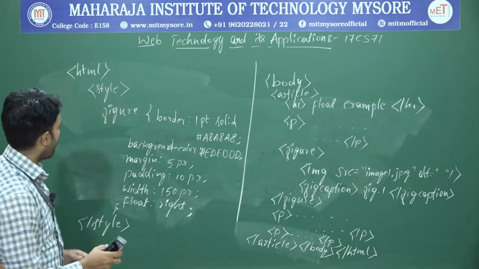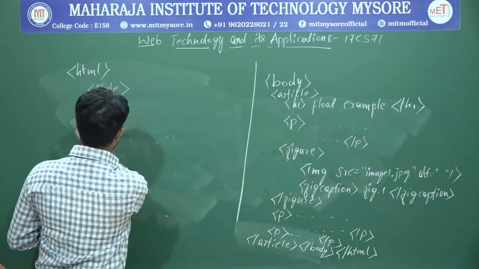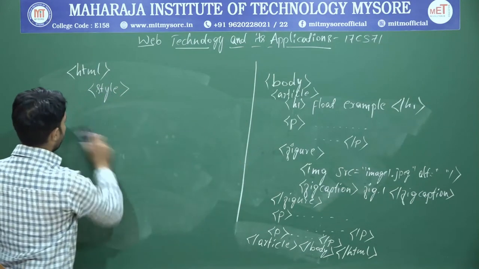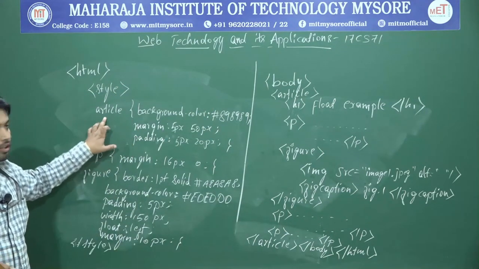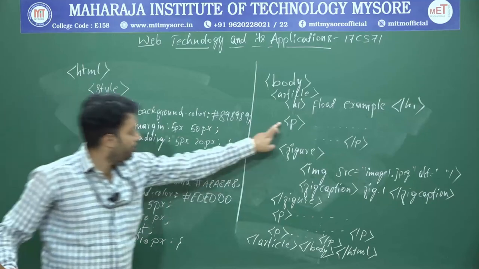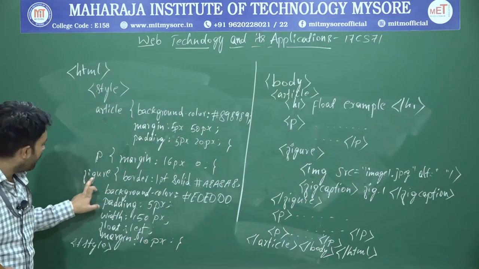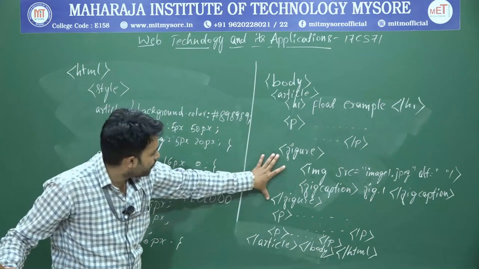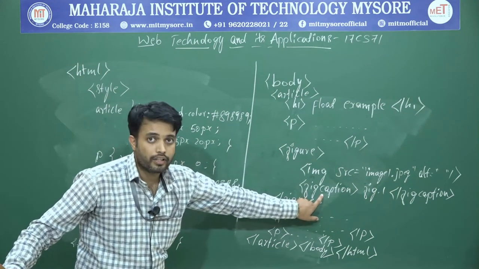Now I will make changes for this style. Here is one more example. I have written a style for article separately, and again for p, that means for paragraph, I have written a separate style, and again for figure. Within that figure we have an image as well as a figure caption.